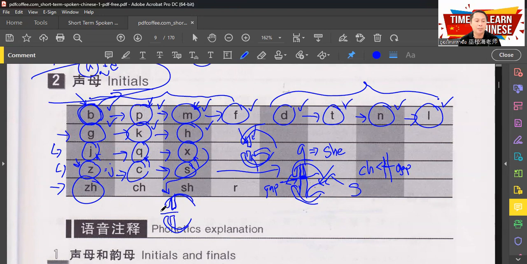There is a big gap between upper teeth and lower teeth. Okay, so the air in your mouth can flow. It's very easy. Also, your tongue has to twist up like this. Okay, for the air in your mouth can flow like this.